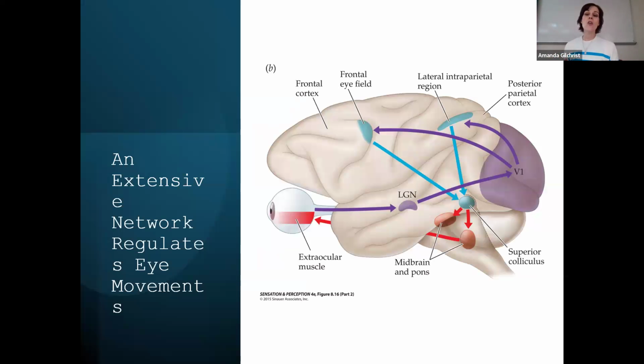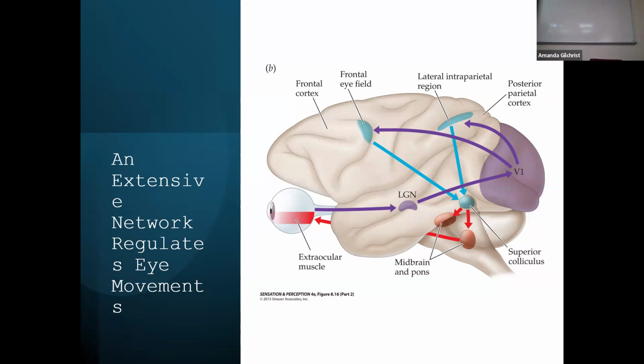Okay, so interestingly enough, here we have our ocular muscles that I mentioned, and they actually have a very extensive network of brain areas that process these different movements. I am not going to test you on these, but I want you to see how extensive this network is. Here we have our eye muscles. They are going to make contact with the lateral geniculate nucleus of the thalamus.